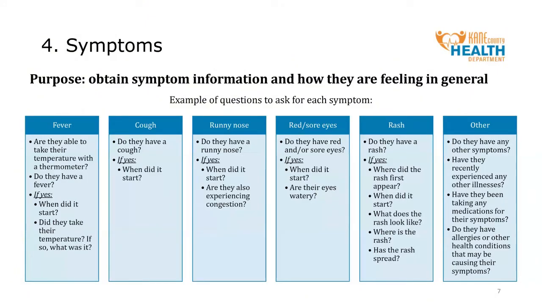Additionally, other important questions to ask when discussing symptoms include if they're having symptoms other than those mentioned, if they've been sick recently with other illnesses, if they've been taking any over-the-counter or prescribed medications for their symptoms, and if they have allergies or other health conditions that may be attributing to their symptoms. It's important to be as detailed as possible when gathering symptom information, as it can tell a lot about a contact's current status and whether or not they may become a case.